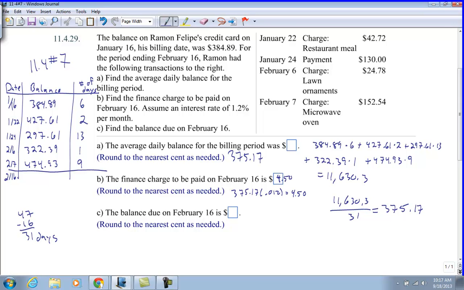And then the balance due on February 16th is going to be the finance charge plus the last balance. That's 474.93 plus 4.50. And I get 479.43. Okay, so I hope that works for this one.